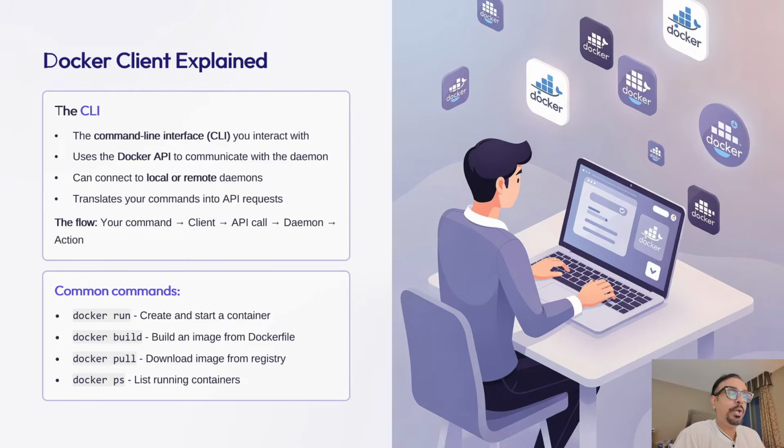It takes your human friendly command and converts it into an API call that the Docker daemon, the background process that is running, understands. Think of the client as your remote control and the daemon as your TV. You press a button on the remote, it sends a signal, and the TV does the work of changing the channels. This client can connect to a local daemon on your machine or even a remote daemon on another server, which is useful for managing production environments from your laptop.